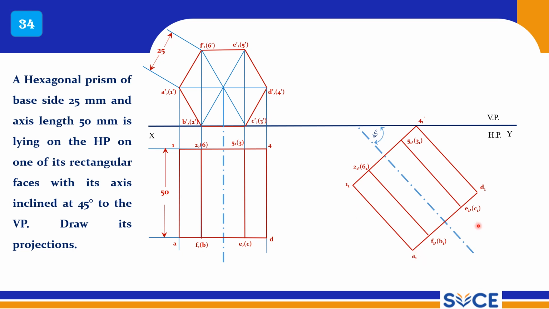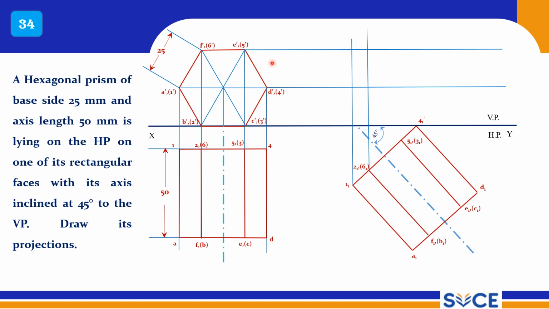Once you get tilted top view, students, now the steps and procedure is same as earlier problems. Now draw the projectors from simple front view, and from tilted top view, and here at 45 degrees I am getting at the same point.